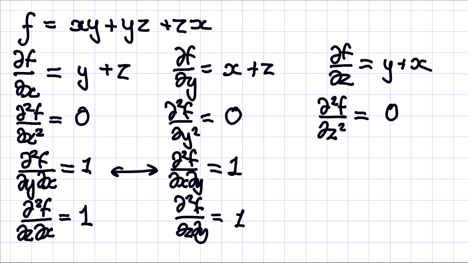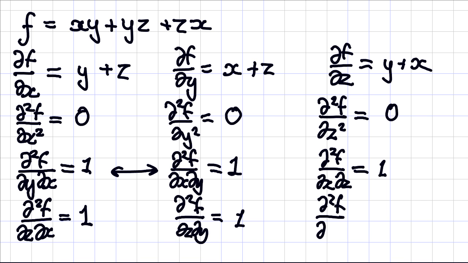Cross derivatives. We start with d2f dx dz, and we get a 0 from the first term because we treat y as a constant, but we get a 1 from the second term from differentiating x. Next we think about d2f dy dz.